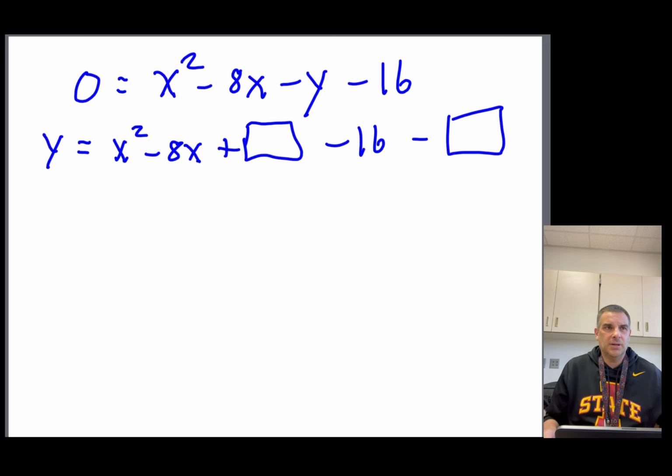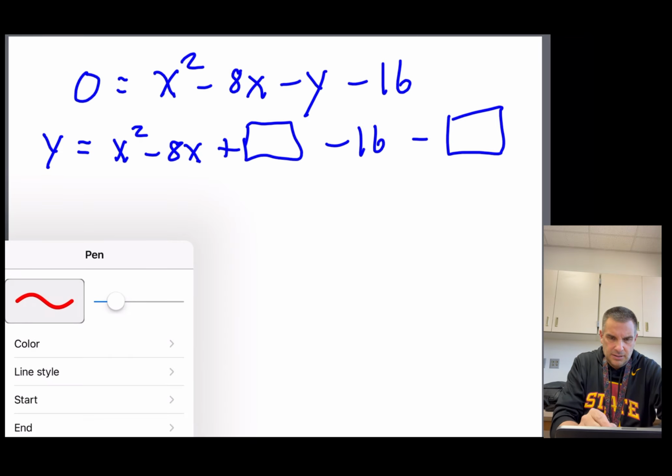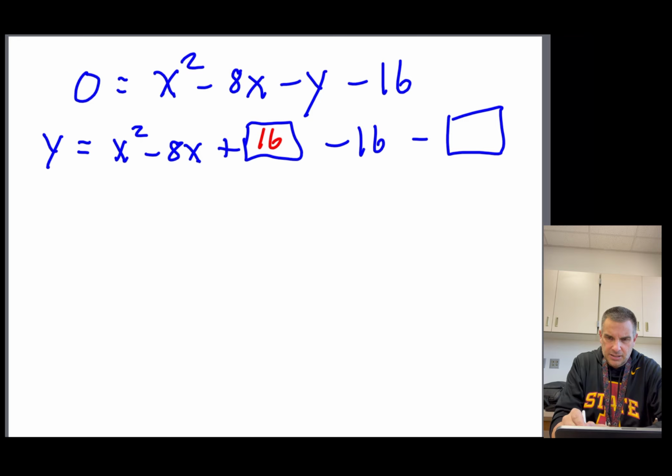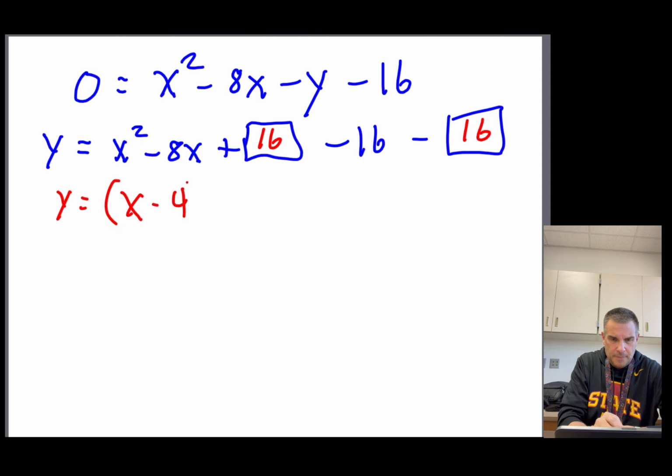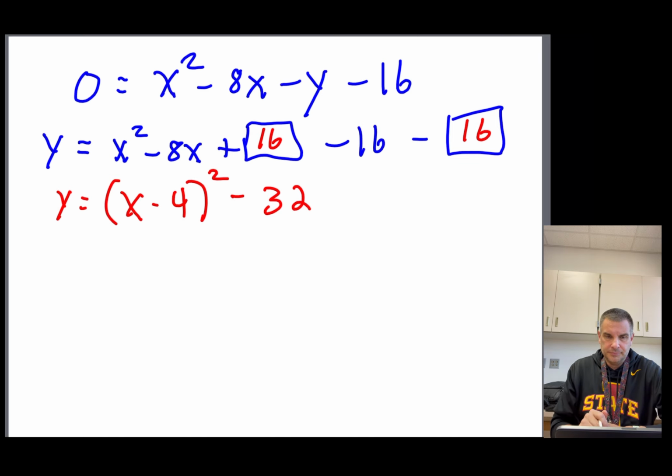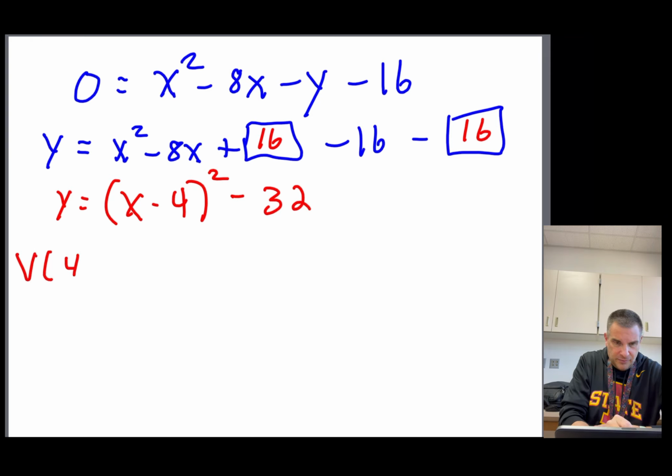It's going to go inside the box. 16, half of 8 squared, yep. So 16 is going to go inside the boxes. Factor it, so y equals x minus 4 squared minus 32. So our vertex is at 4, negative 32.